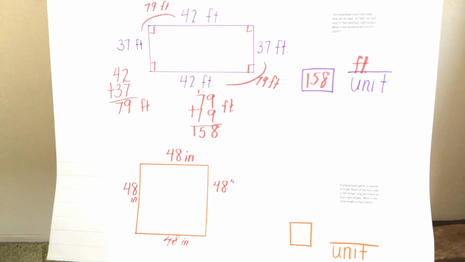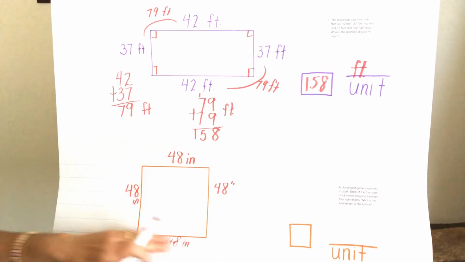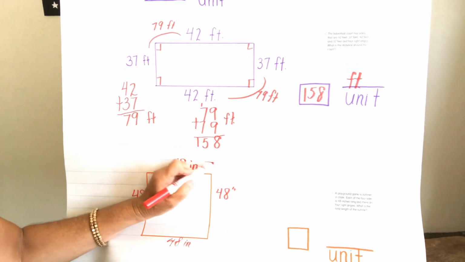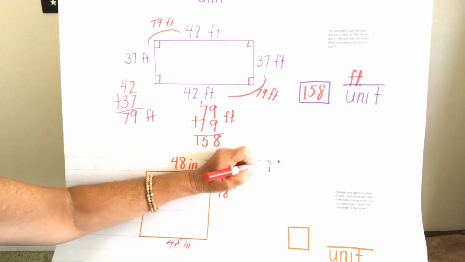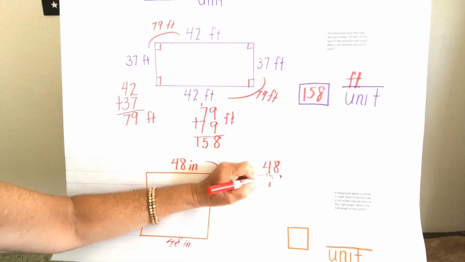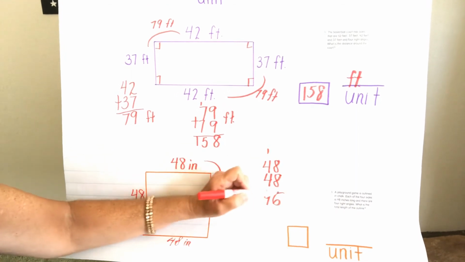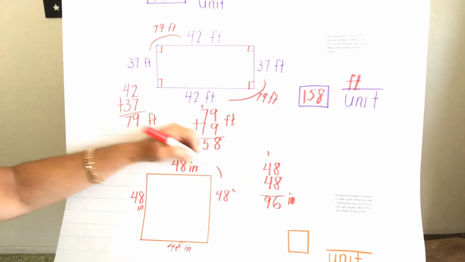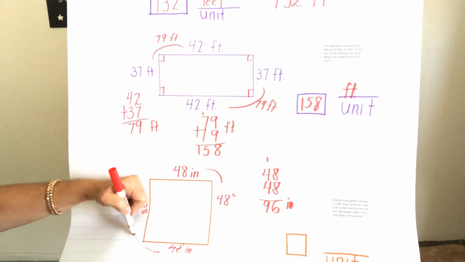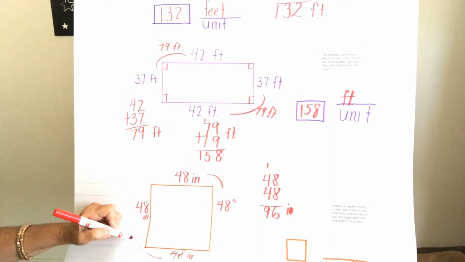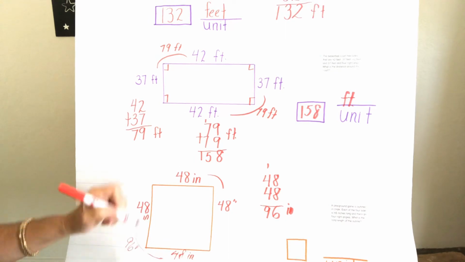And we know that one thing about squares is that every side is equal. So I'm going to add 48 and 48, and I'm going to come up with 96 inches. Okay, that's for 2 of the sides. I still need to include the other 2 sides, which I know are 96 inches.